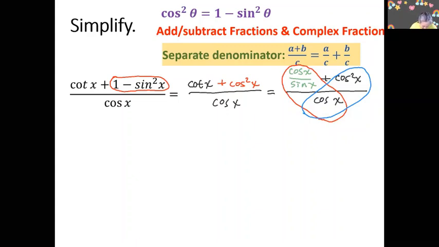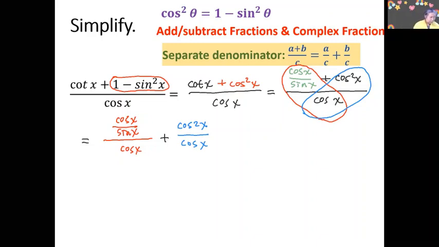First, cosine x over sine x all over cosine x, and it's added. Then the blue part will be cosine square of x over cosine x. Then we can simplify each fraction separately.